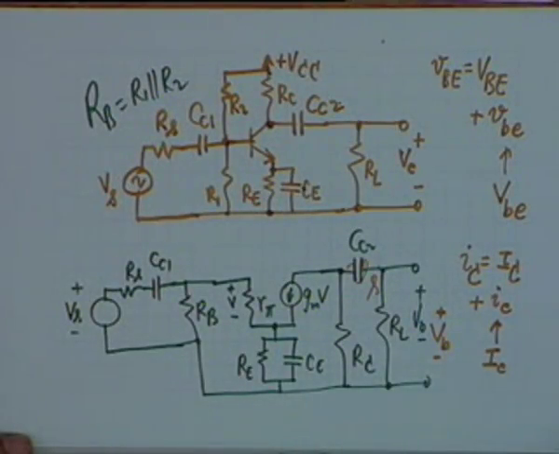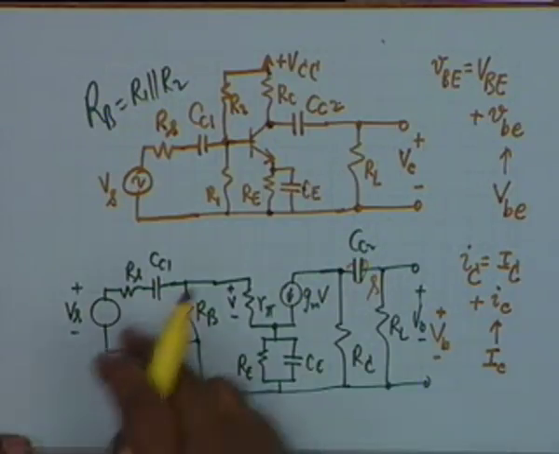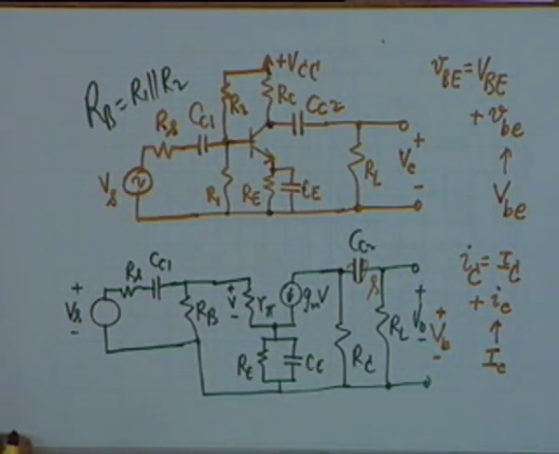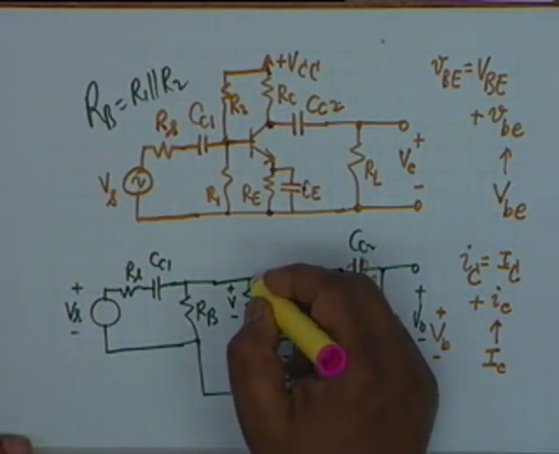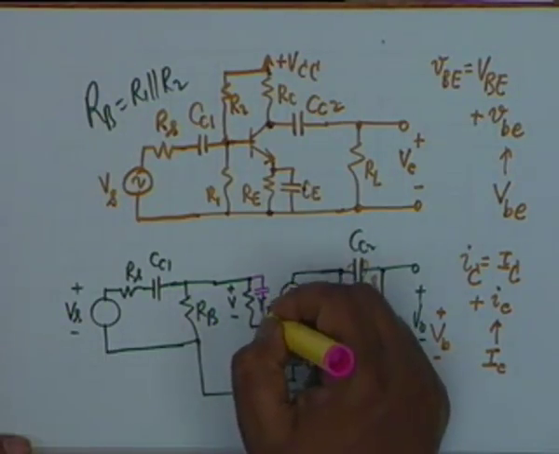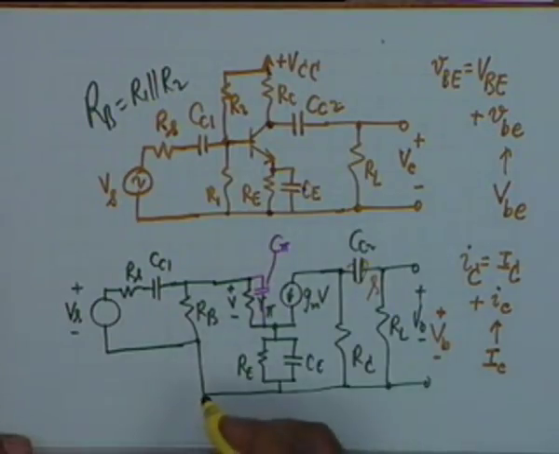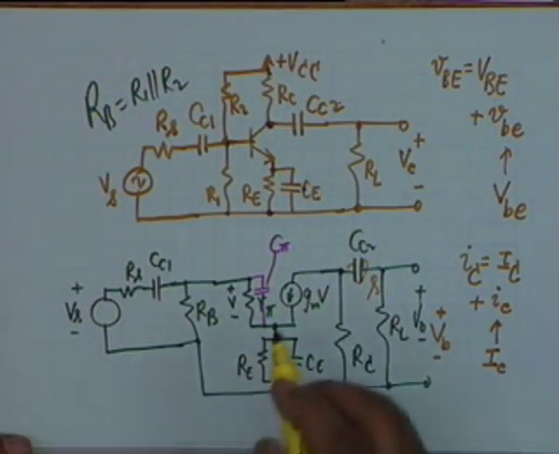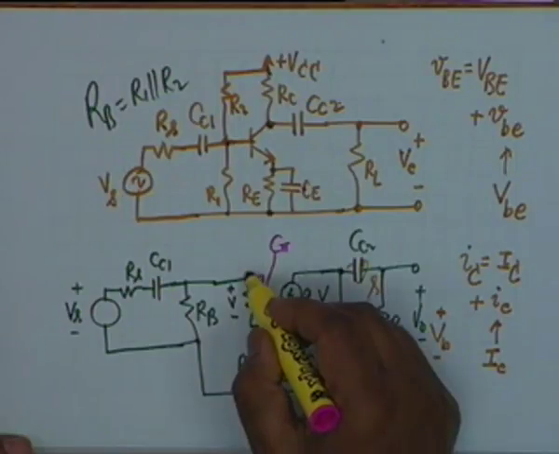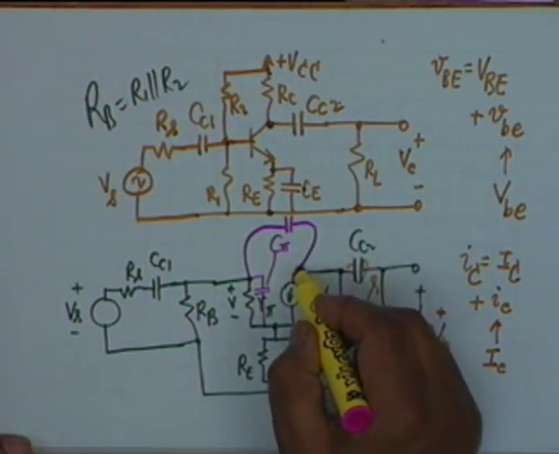To make this circuit applicable at all frequencies, we should introduce the capacitances which are internal to the transistor. If this circuit is to represent high frequencies, for example, we should introduce C pi, which is across R pi, and another capacitor between this point and the collector.